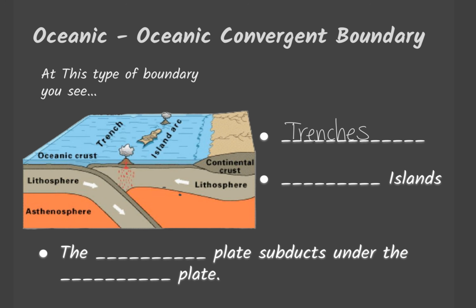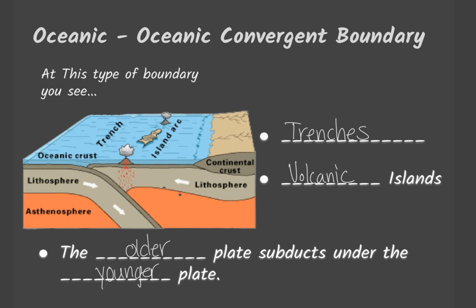And then at oceanic convergent boundaries, we also get volcanoes forming, but these volcanoes form underwater, so we end up with volcanic islands. There's a rule for which plate is going to slide under, for which plate is going to subduct, and the older plate, so the plate that's made of older rocks, will always subduct under the younger plate.